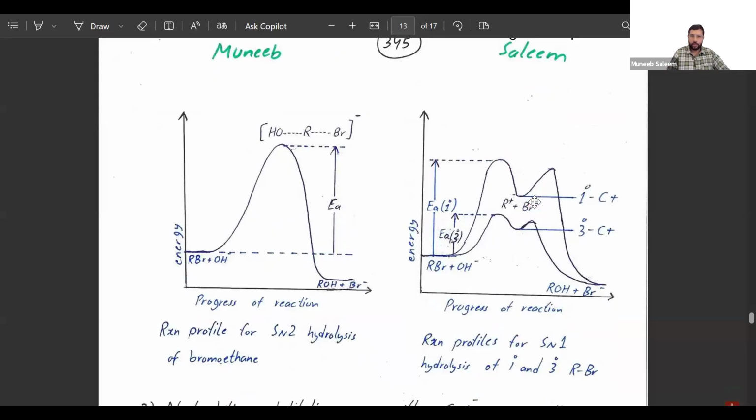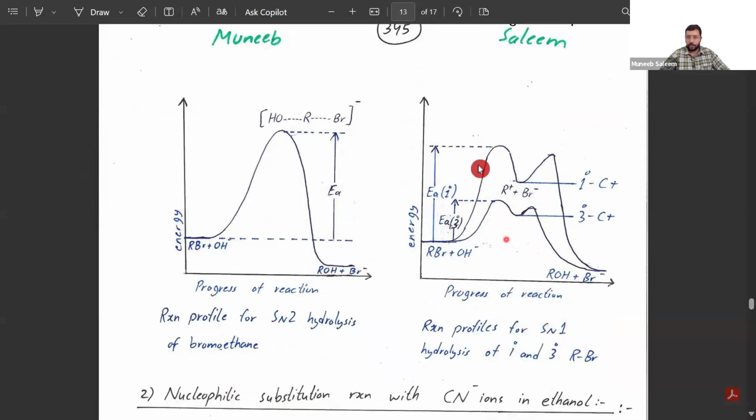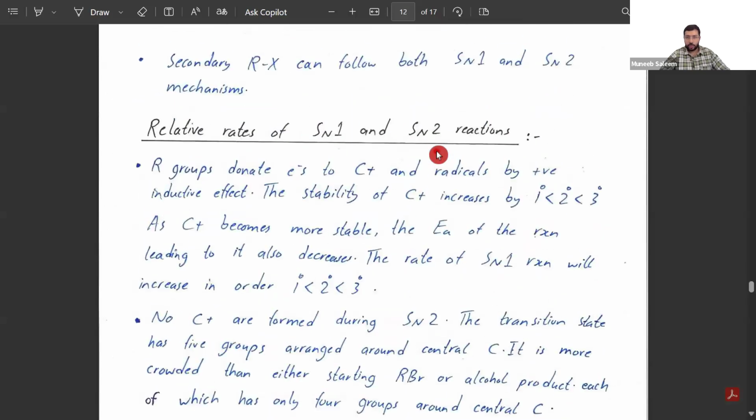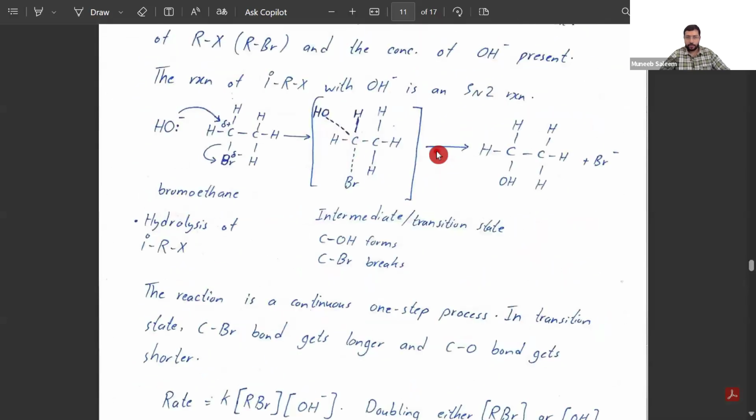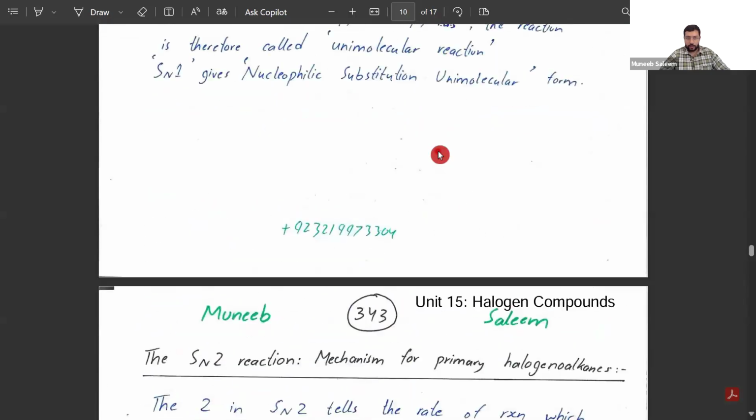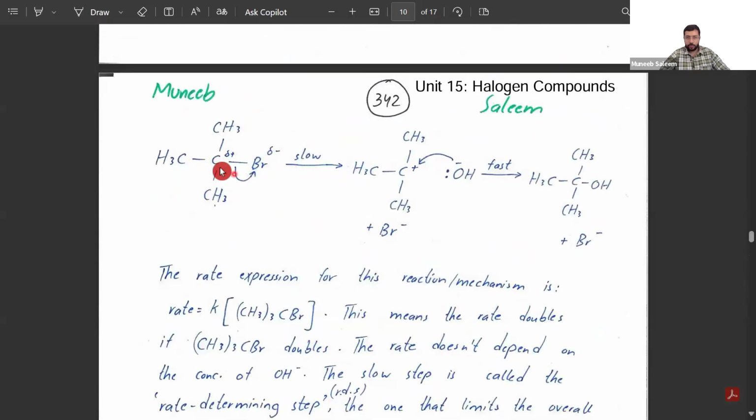These are my AS lecture notes, in which you can see that this type of graph is apparent whenever you have a tertiary haloalkane giving the SN1 reaction. So the reaction profile for the SN1 reaction is shown here. We see that the reaction goes through this high activation energy first, which involves the slow reaction, as we know the slow step in SN1 is the bond breaking between the carbon and halogen atom.